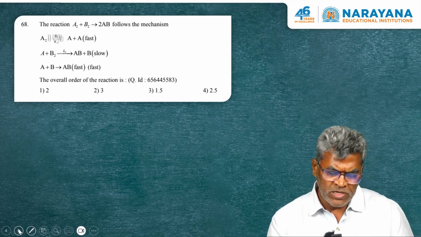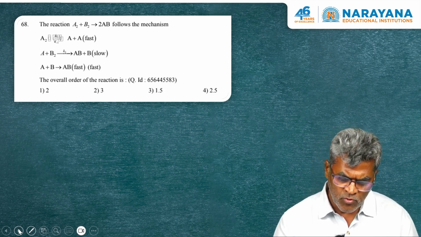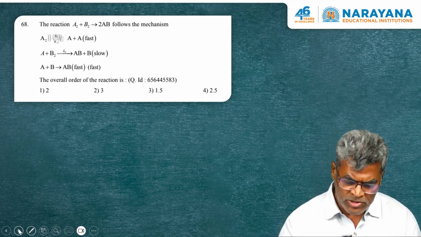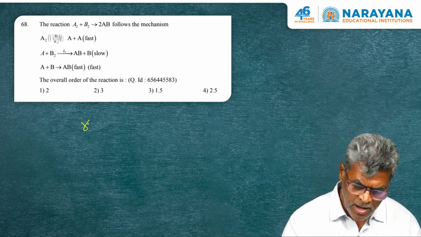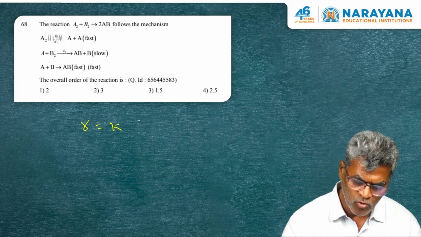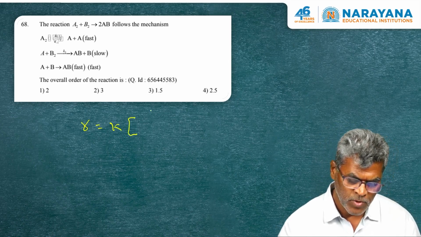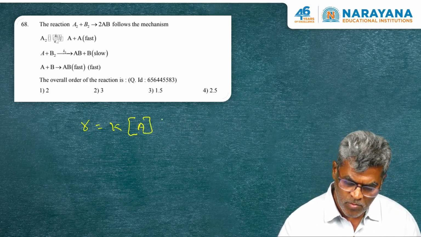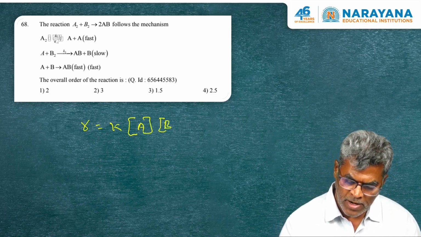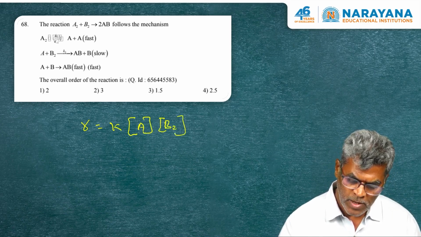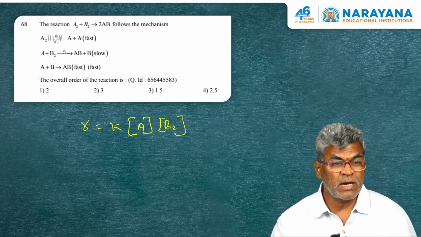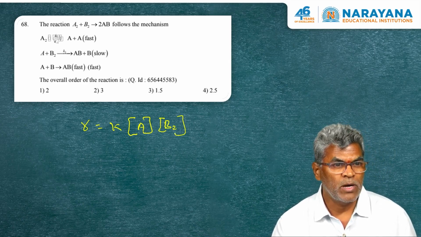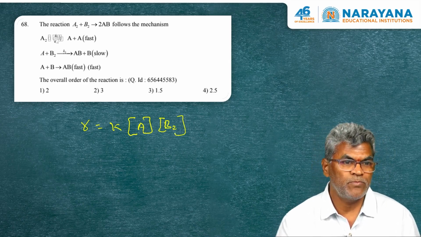68 question, we need to find out the order of the reaction. First you write the rate expression, R is equal to K into the concentrations for the slowest step. So, that is why we write A and B2. Since A is not a given reactant, it is one of the intermediates formed. So, you need to write the first step equilibrium.